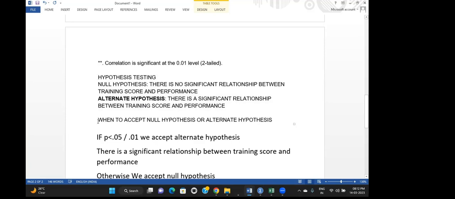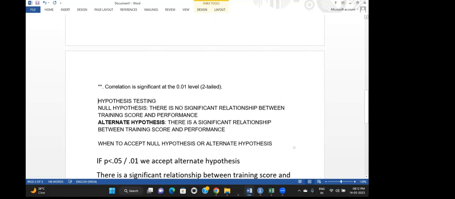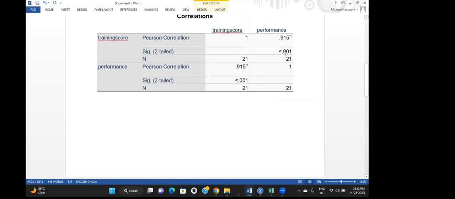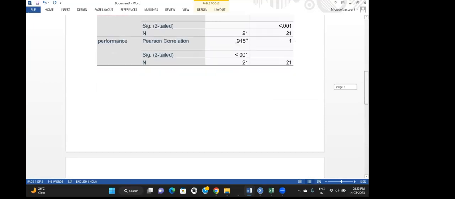And the next important question is when to accept the null or alternate. If the p value is less than 0.05 or 0.01. Here you can see the p value is 0.001, which is less than 0.05 and 0.01.